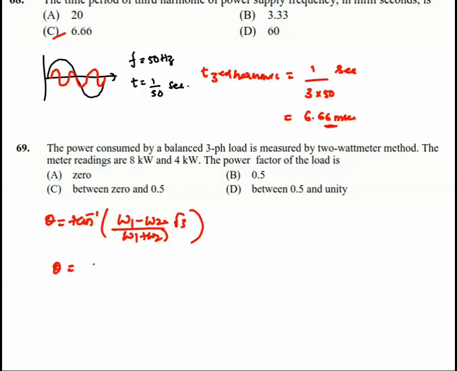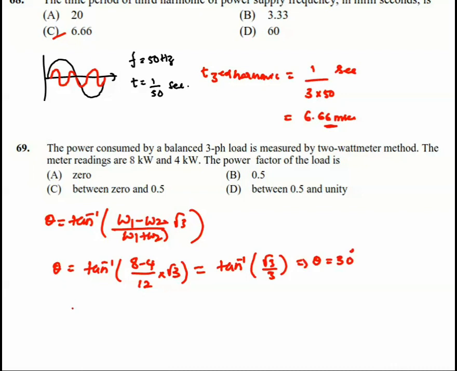So theta is tan inverse of root 3 into (8 minus 4) divided by (8 plus 4), which is 4 by 12 times root 3, that is root 3 divided by 3, so theta is 30 degrees.